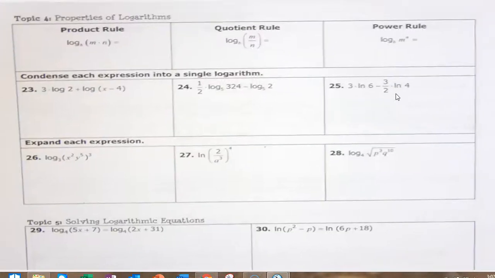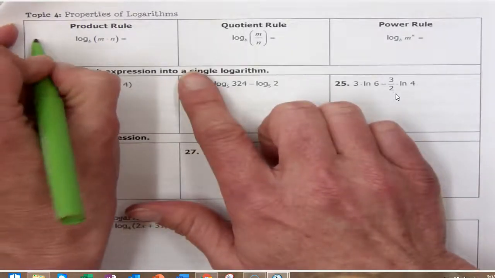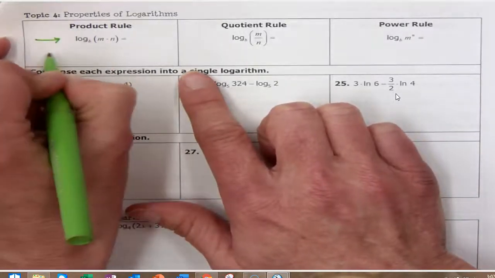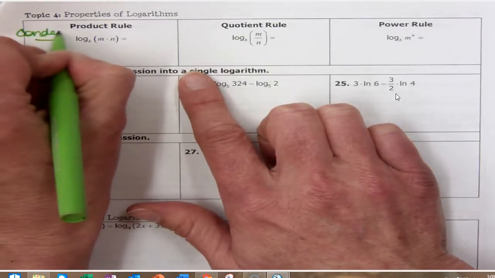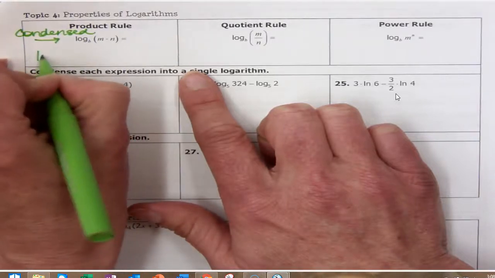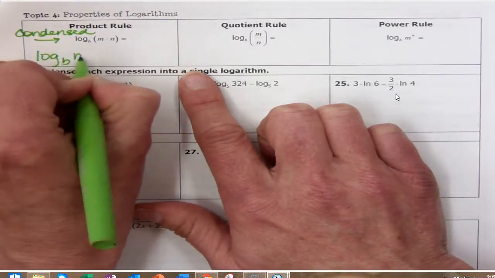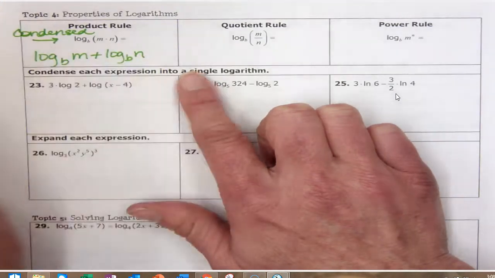Your product rule and your quotient rule. So this is condensed, and the expanded version is going to be log base b of m plus log base b of n.